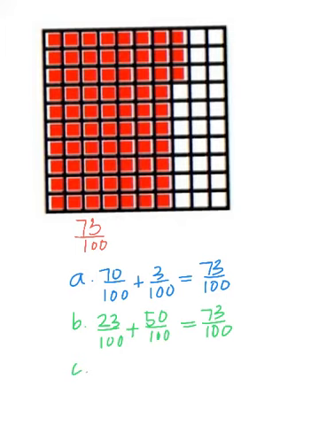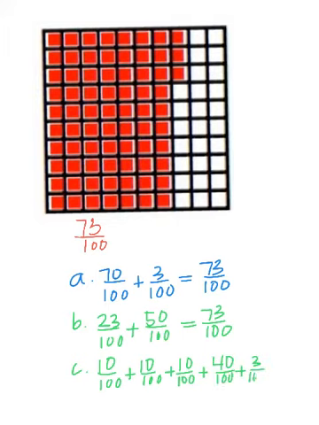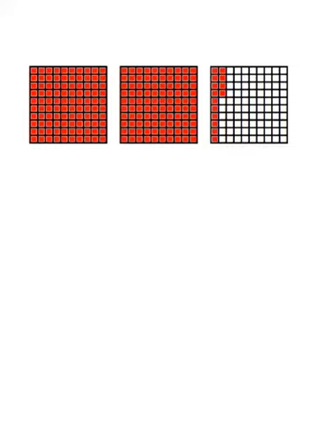We could choose to do 10 hundredths plus 10 hundredths plus 10 hundredths plus 40 hundredths plus 3 hundredths to get the same thing of 73 100ths. All right, I'm going to give you a couple minutes to look at these hundredth grids and see if you can record the fractional amount that is shaded.